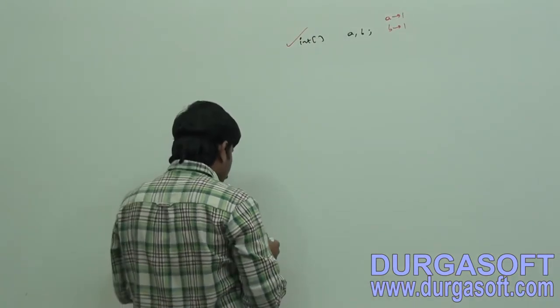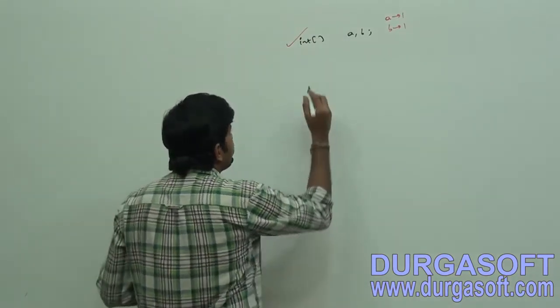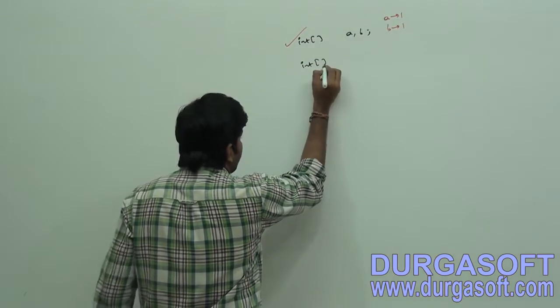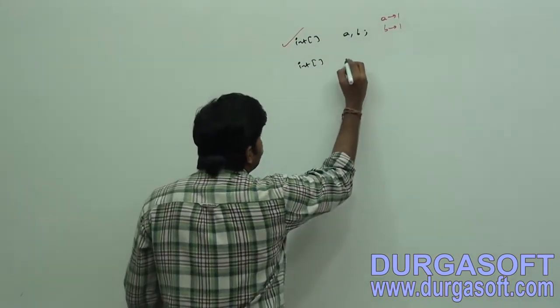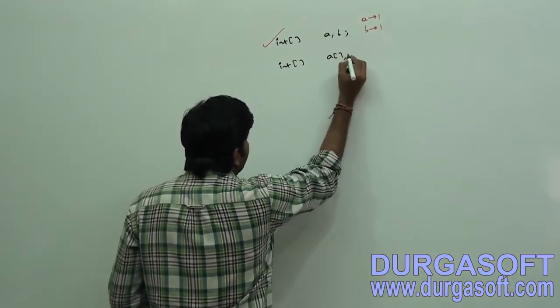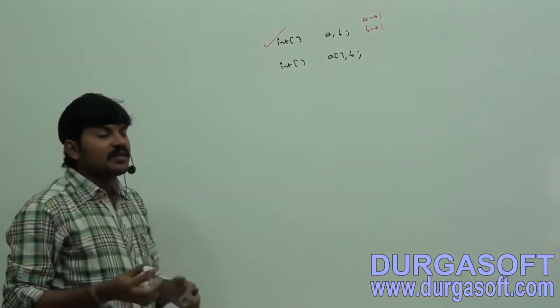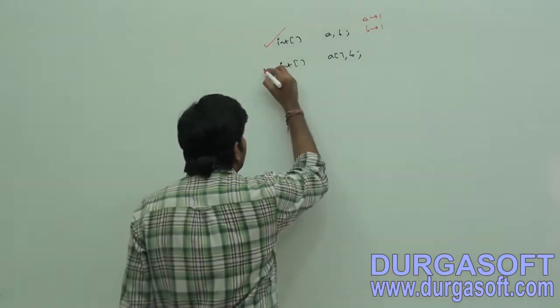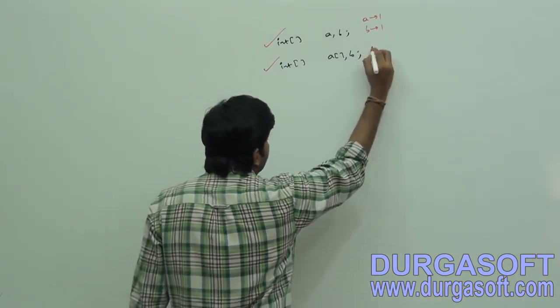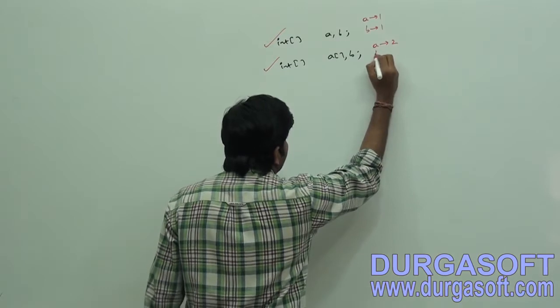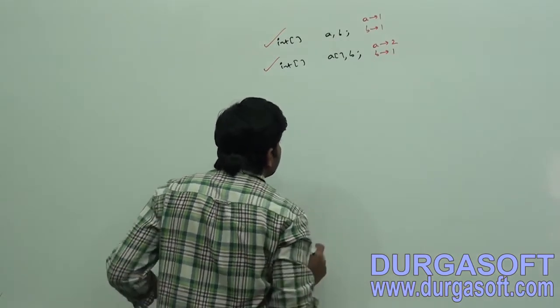Now, sir, I am taking int array, here a comma b. It's also valid. What is a's dimension? A's dimension is 2. What is b's dimension? 1.